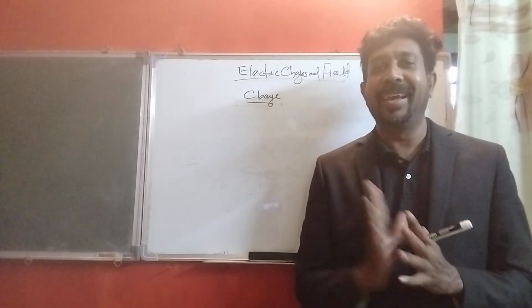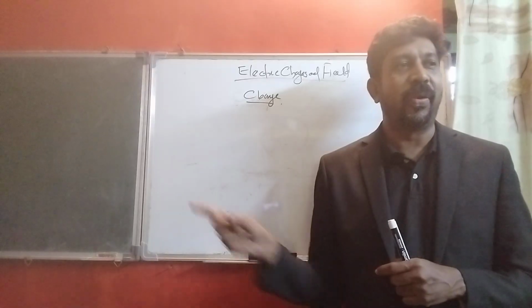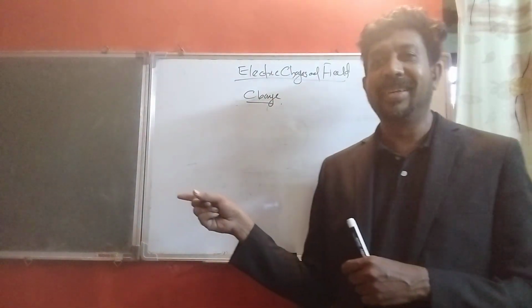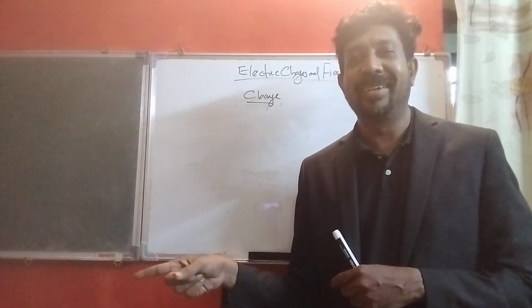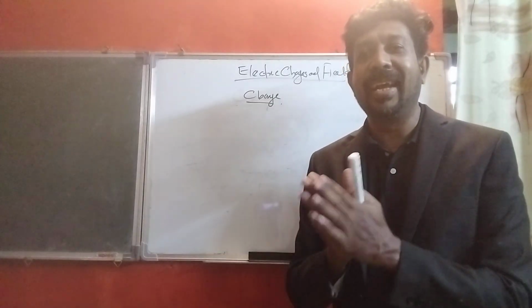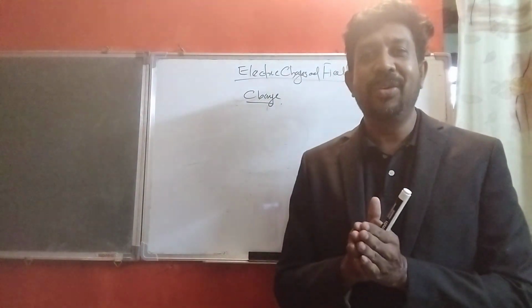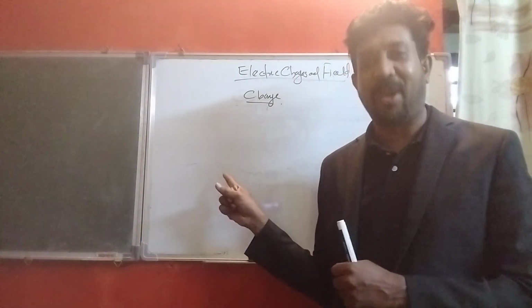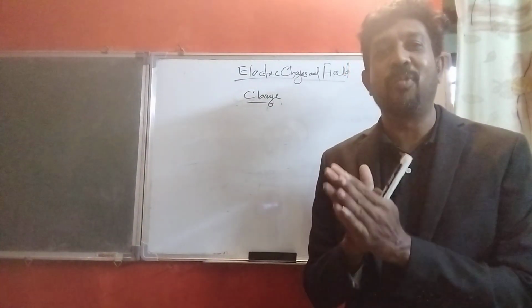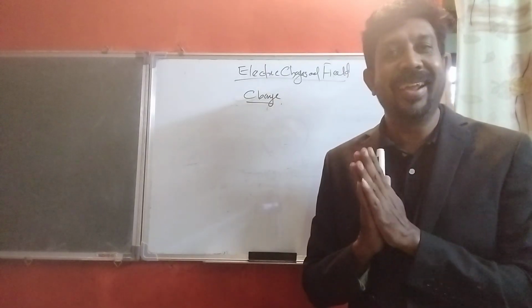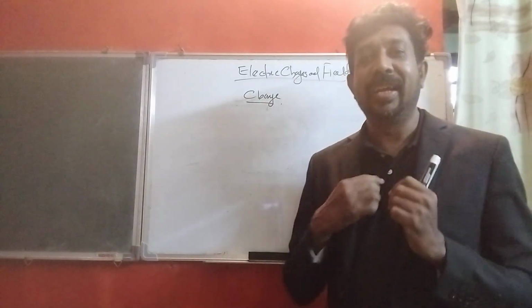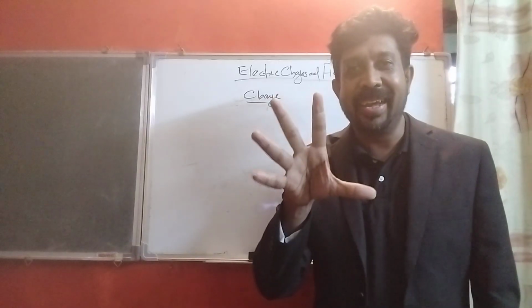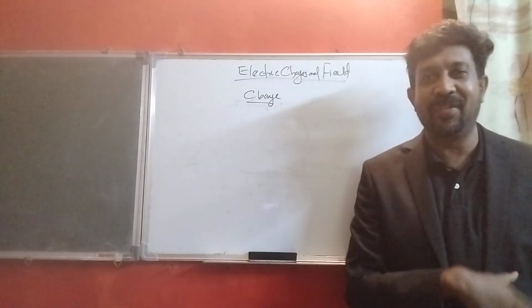Then you can say it is a property of matter, like mass, length, volume, etc. So simply, an electric charge is a property. Next, we are going to check which type of property of matter.